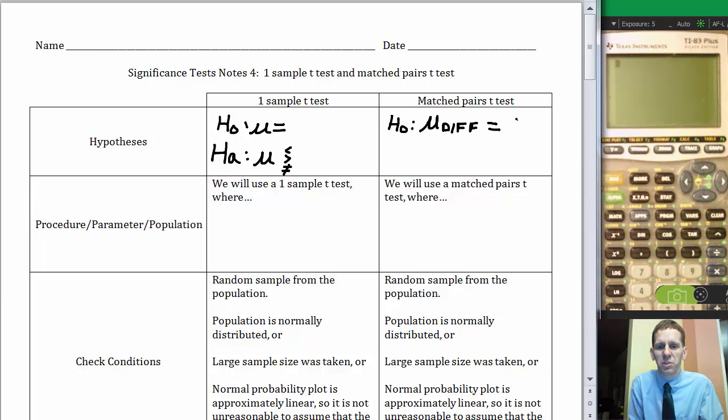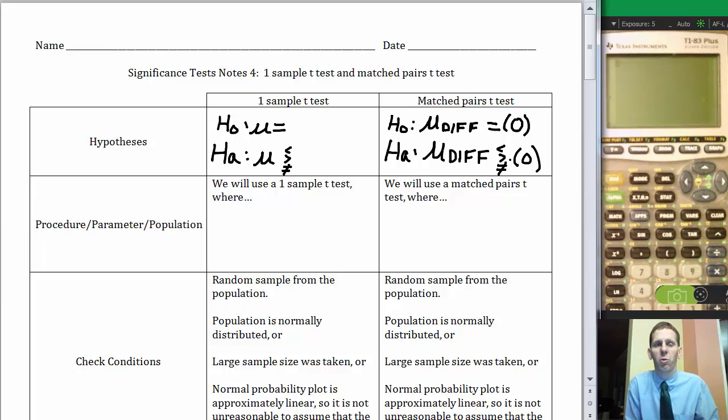So I'm going to put equals 0 in parentheses because typically the difference we look for in a matched pairs t-test is no difference. The alternative hypothesis is there is a difference. So typically you'll see mu sub diff not equal to 0, or less than 0, or greater than 0. I'm going to put 0 in parentheses because on occasion you may want the difference to be like 1 or something else, but usually it's 0.